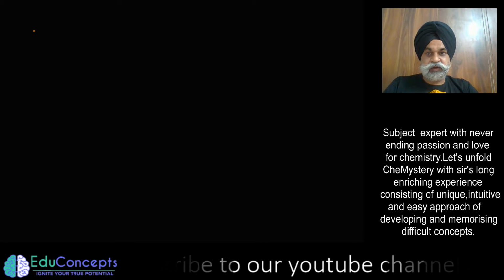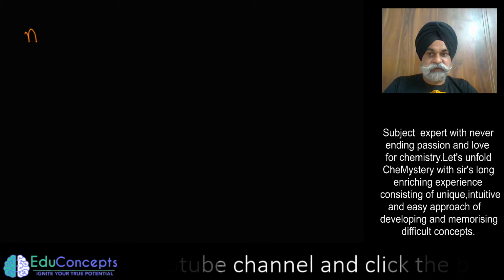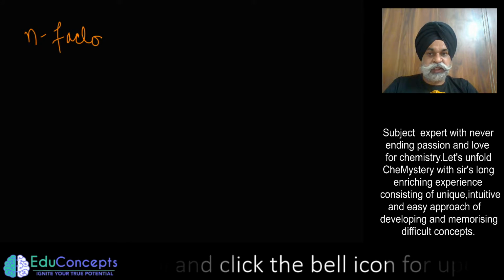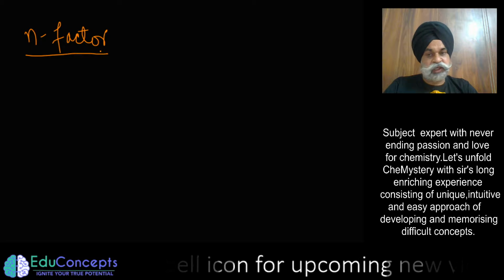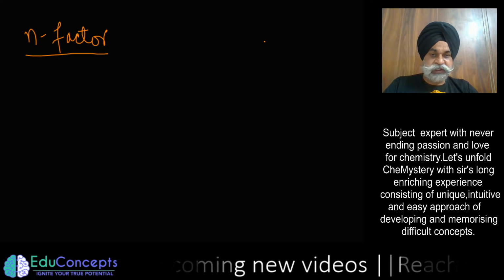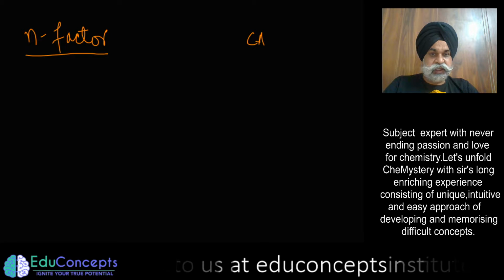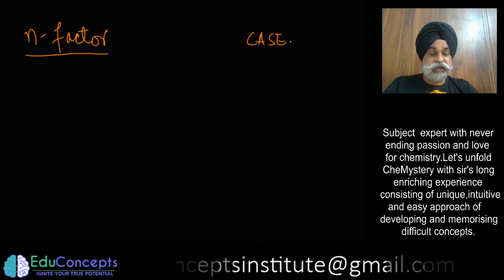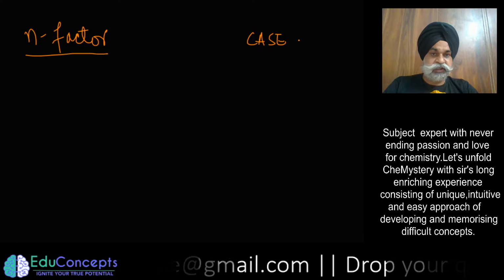In continuation with the topic of n factor, we have already placed a lot of videos, almost 5 7 videos, in the last few weeks, where I covered all the cases pertaining to n factor of any oxidizing agent or reducing agent.